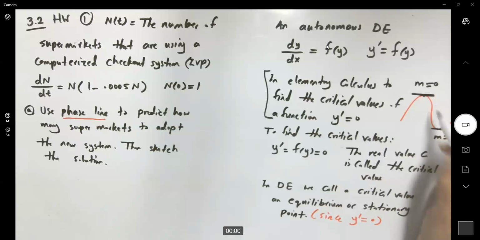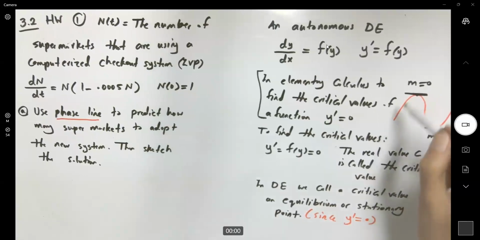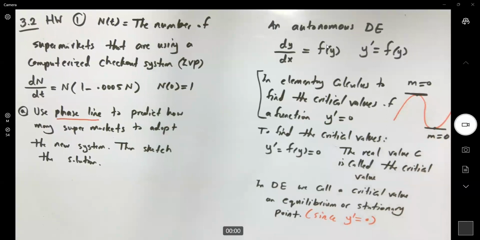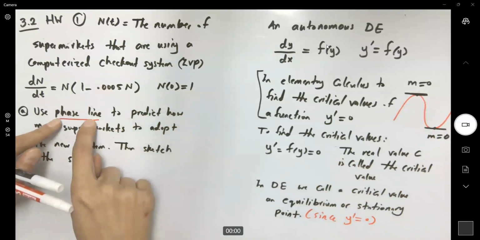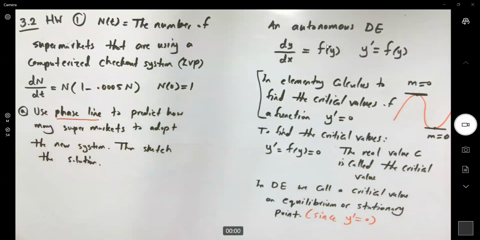You didn't have any movement at the maximum and minimum of the function. That's why we call them equilibrium or stationary points. So let us find the equilibrium points for this differential equation. This is part of the process of forming the phase line.